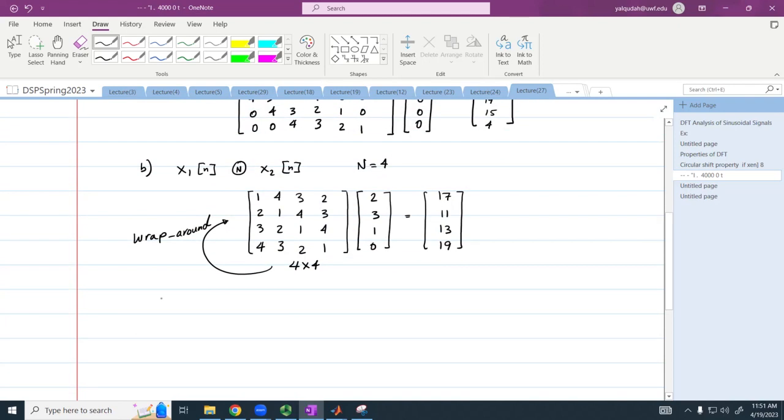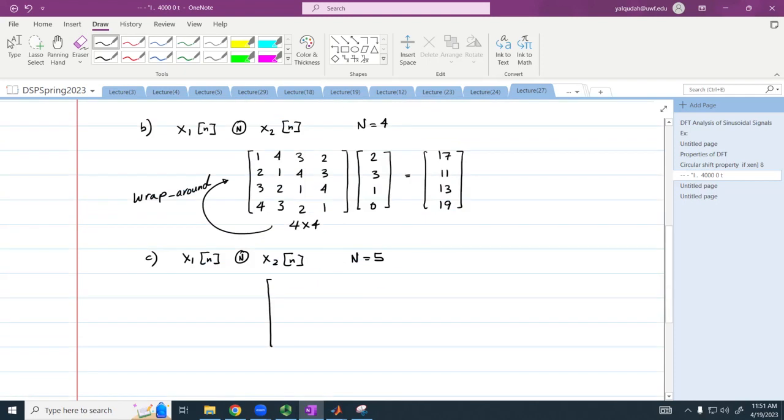Let's do it with n equal to 5. Very similar. We're going to establish a 5 by 5 matrix: 1, 2, 3, 4, 0; 0, 1, 2, 3, 4; 4, 0, 1, 2, 3; 3, 4, 0, 1, 2; 2, 3, 4, 0, 1.